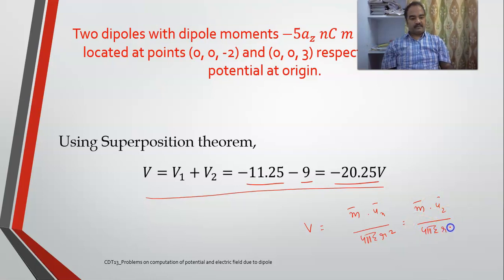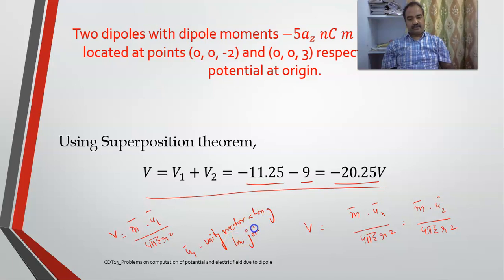If you are getting confused with all these things, you do one thing: try it as V is equal to m bar dot ul bar, where ul bar is the unit vector along the line joining the point and the center of the dipole.